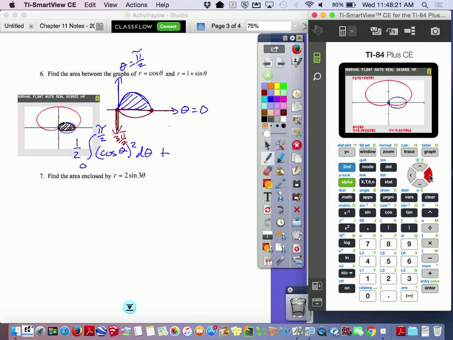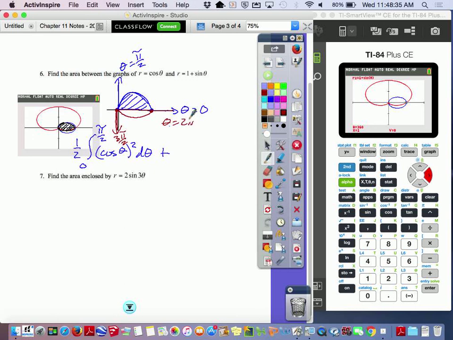So I'm going to keep on going until I get back to the other intersection point, which is at 360. That's going to be at theta equals 2 pi.